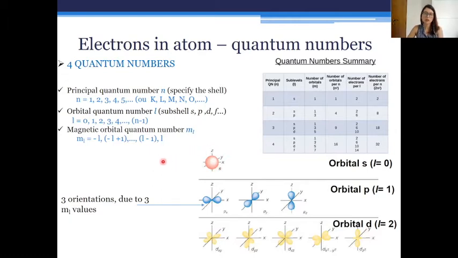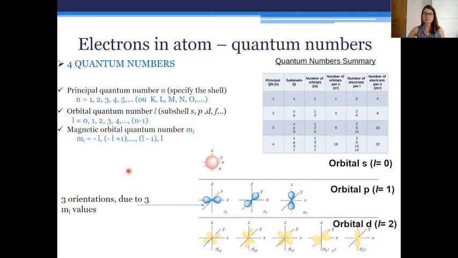Then, if we go to the case of a p subshell, we will have three different orientations. L corresponds to 1, so you will have minus 1, 0, and 1, which means we have 3 orientation values in that case.